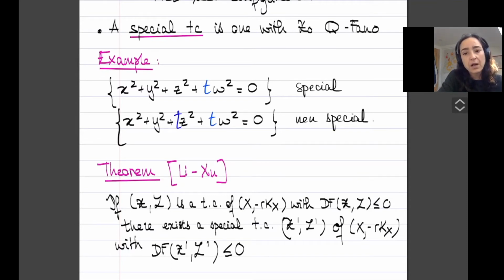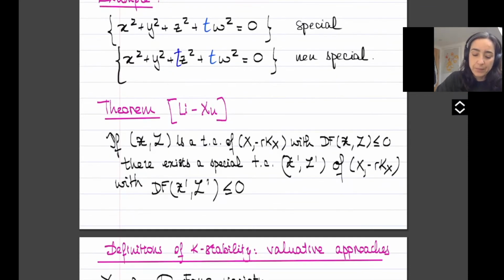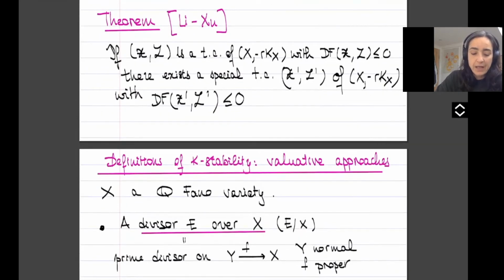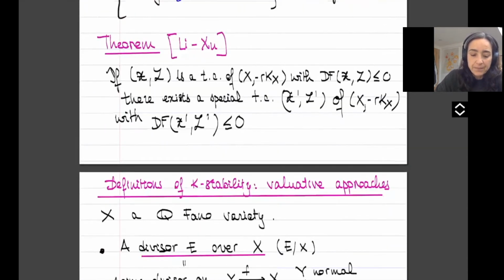So if you are looking at questions on stability of Fano varieties, then you can limit yourself to special test configurations, degenerations with irreducible central fiber.